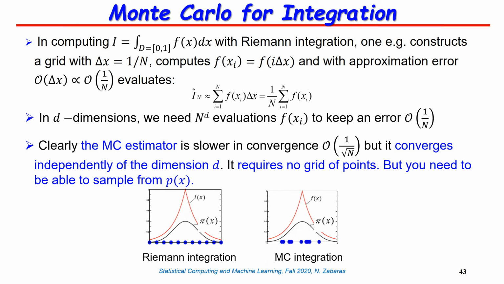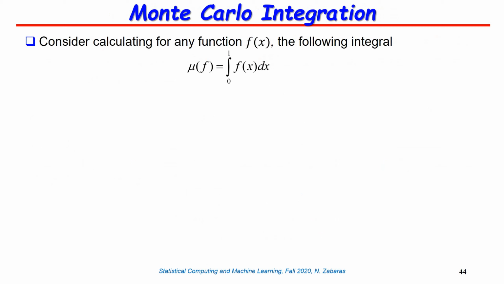And again, you see this calculation of the integral of f of x, pi of x. In 1D, you use a uniform grid. In the Monte Carlo 1D integration, you basically have to take samples that are mostly concentrated where the probability mass of pi of x is, because that's where the major contribution is. So uniform grid versus samples coming from pi of x in the Monte Carlo approximation.